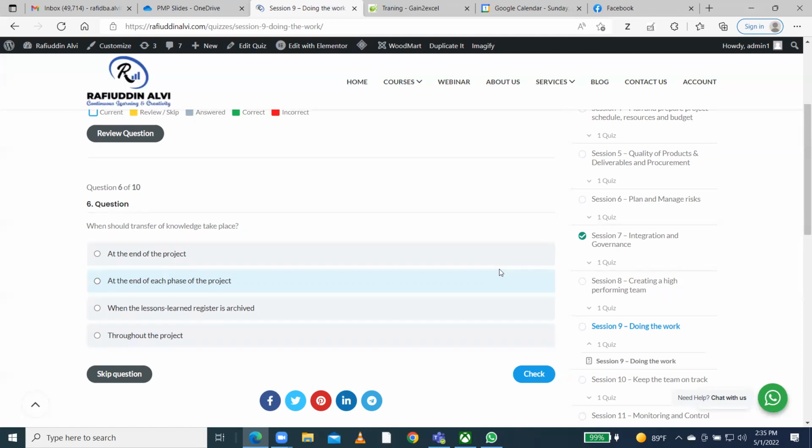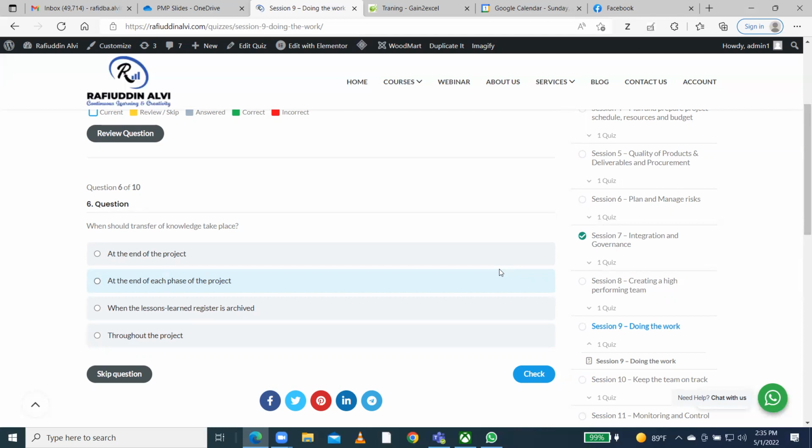Then in execution, while executing you see that laptops are not sufficient, a laptop shortage, so you need to order additional laptops. So is transfer of knowledge taking place continuously or only in some phases? It is continuous, throughout the project.